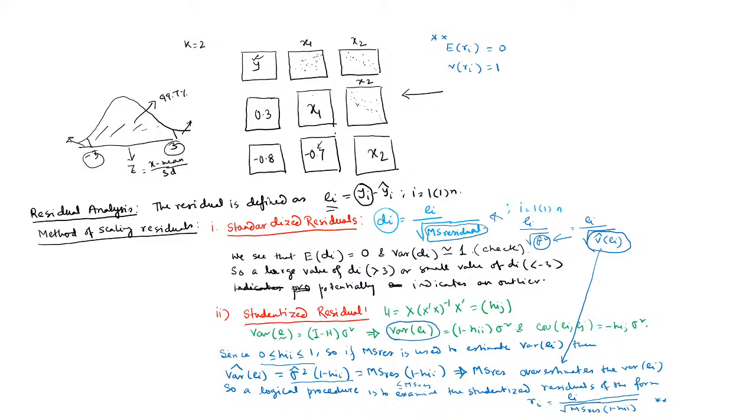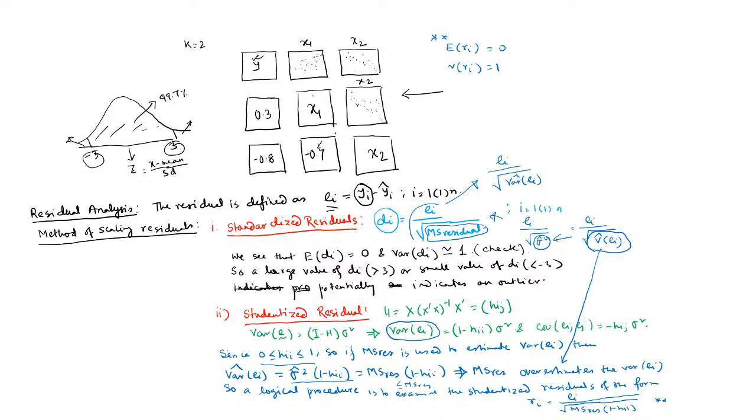Again I illustrate this fact. In the standardized residual, I use simply e_i by root over MS due to residual. Actually, if you use the Z score, you should use e_i by root over the variance of e_i, and if the variance is unknown, you replace it by its estimate.